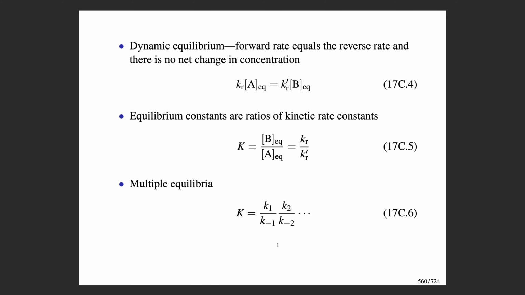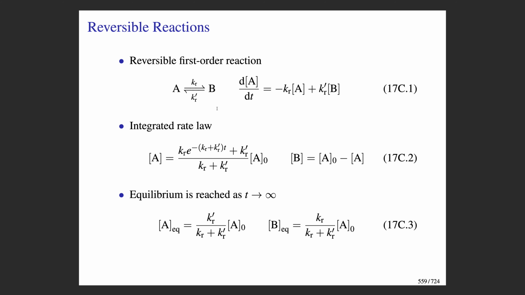When you have a reversible reaction that reaches equilibrium, we often call it a dynamic equilibrium. What that means is that even though the reaction has reached equilibrium and there's no net change in the concentration of species A or B, that doesn't mean that reaction A doesn't continue to happen and reaction B doesn't continue to happen.